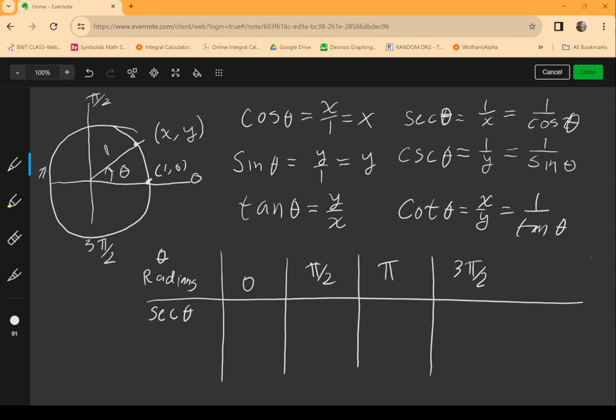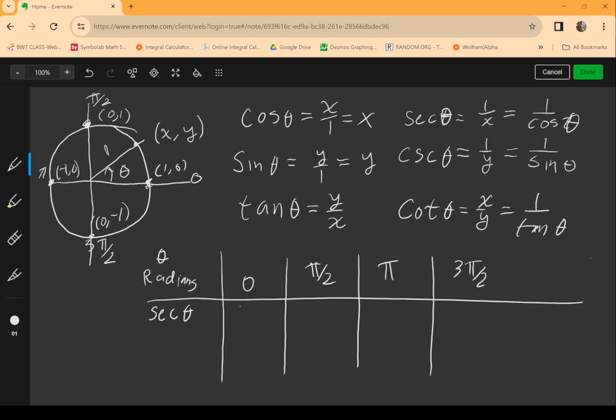All right, and let's take a look at the secant of theta. The points along the axes are (1, 0), (0, 1), the point over here is (-1, 0), and then down here, (0, -1). So when we have secant of theta, it's 1 over the cosine, so 1 over the x.